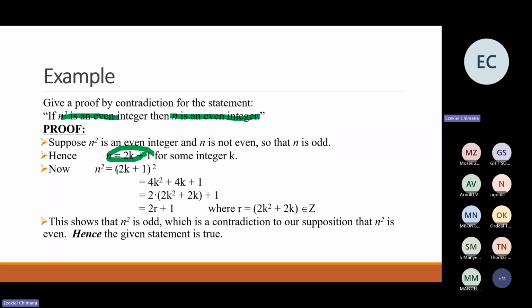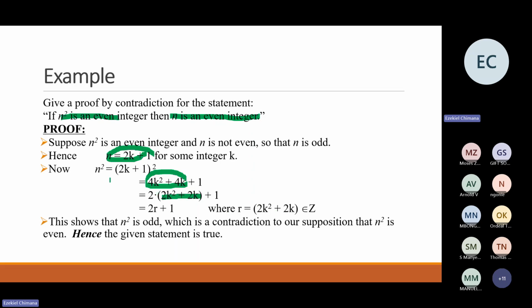So you square that. So n squared is going to be (2k plus 1) squared. If you expand this, you're going to have 4k squared plus 4k plus 1. And then if you factor out 2 here, you are going to have 2 times (2k squared plus 2k), plus 1. You can take this whole thing as an r. So you end up having 2r plus 1, where r equals 2k squared plus 2k.